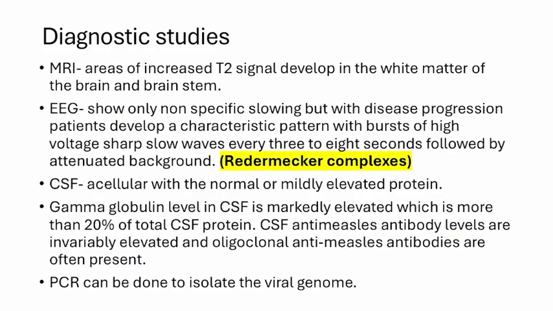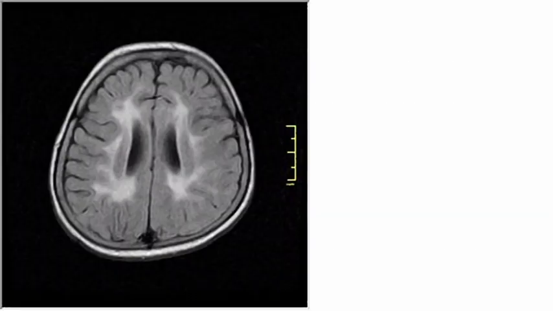How do you diagnose SSPE? We see MRI. What do you see on MRI? You will see periventricular white matter changes. These are subcortical diffuse, right? Multifocal periventricular white matter changes. This is nothing but demyelination.